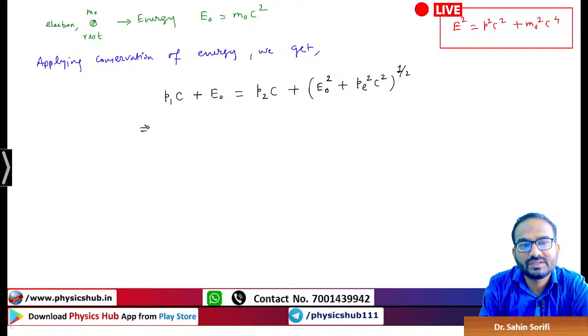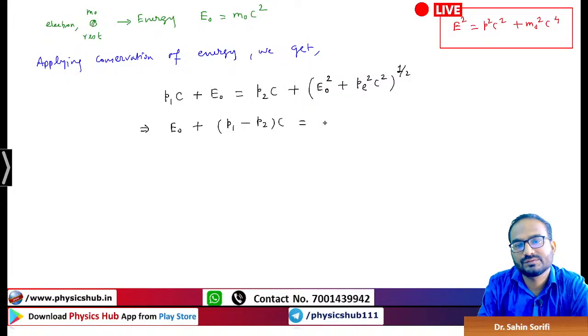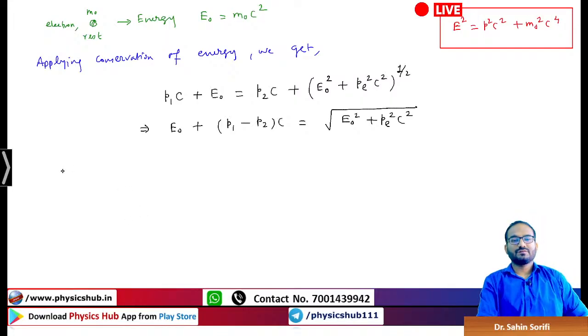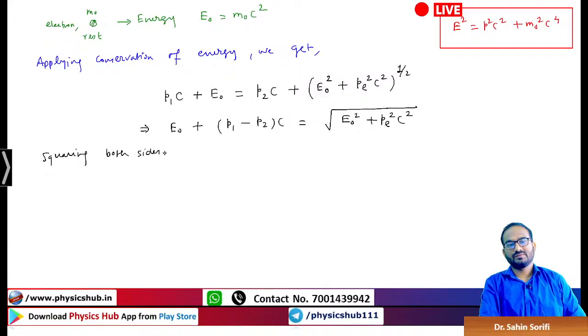Now carefully look at this. This is E naught plus (P1 minus P2) times c, equal to the square root of E naught square plus Pe square c square. Now squaring both sides, I am doing every step so that you understand it better.